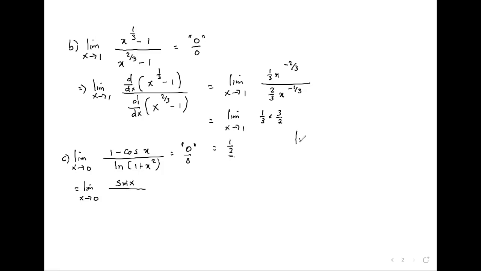Now to differentiate ln(1 plus x) squared, if you still get this condition after the first derivative, then you differentiate again. If you get the same conditions, you keep differentiating until those conditions are normal.